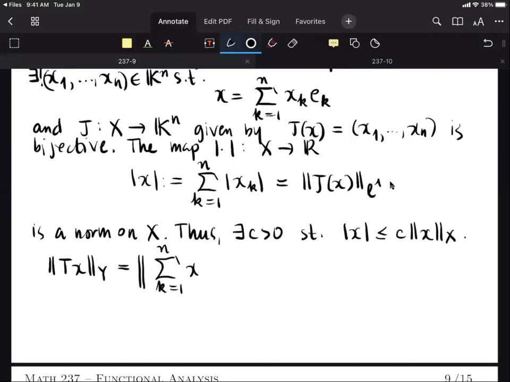This would be the sum of x_k T(e_k). And then by the triangle inequality, this is less than or equal to the sum of the norms. The norm of a linear combination is less than or equal to the linear combination of the norms. However, you need to take the absolute value of the coefficients.